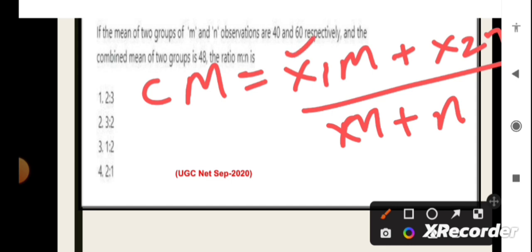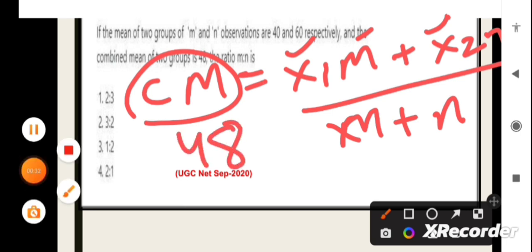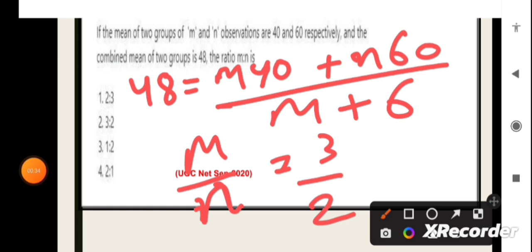Here x1 and x2 are given, which are the means of the first and second group respectively. We have to find the value of m and n. Combined mean is also given, that is 48. So after solving this, we will get our answer, that is option second.